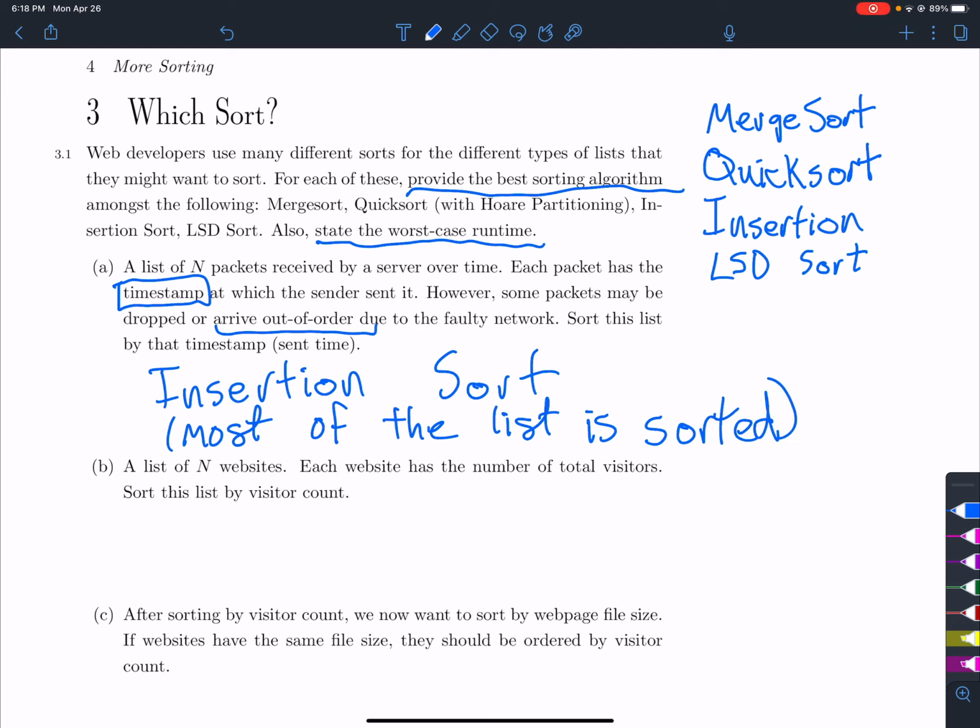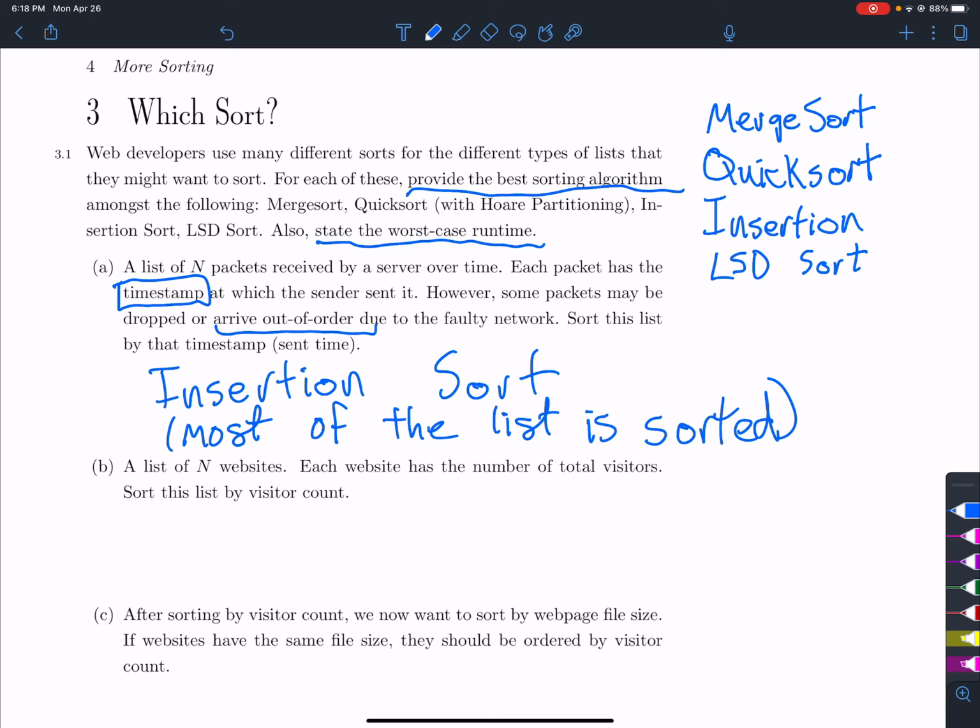And with inversions, we could specify the runtime. But what's really important to note is that there's no point in spending a lot of time sorting if you already know something about your data. If you know your list is already mostly sorted, there's no point in spending the time to sort. And that's why insertion sort would be the best here.